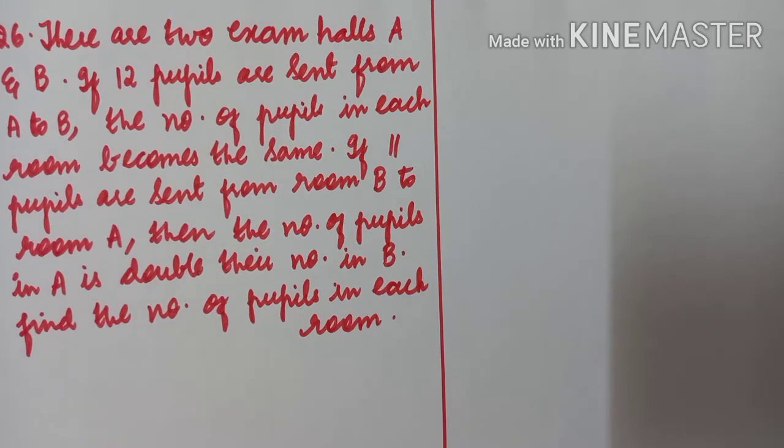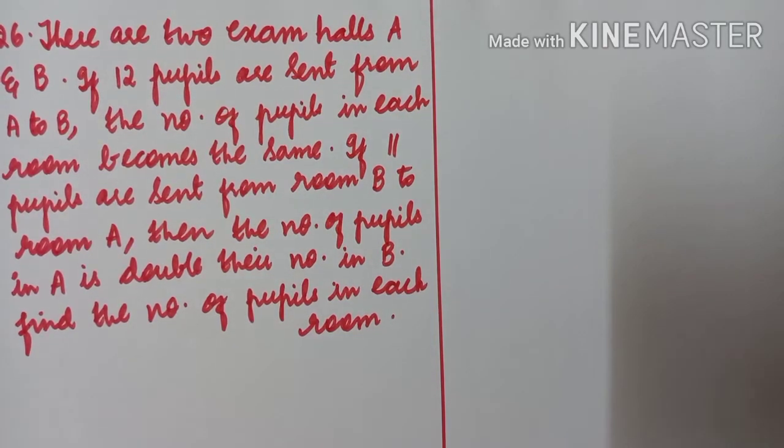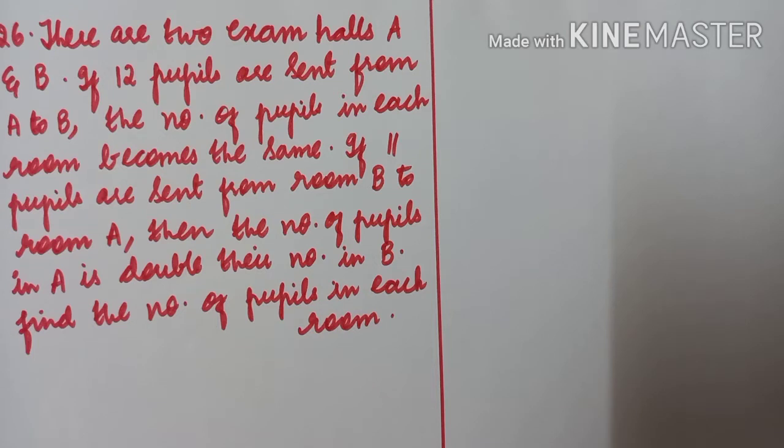Whatever is the strength of exam hall A, from that 12 people are going to B, means the number of students are being subtracted over here. Suppose the examination hall A has 50 students, and 12 people are sent to B, then from 50, 12 should be subtracted.